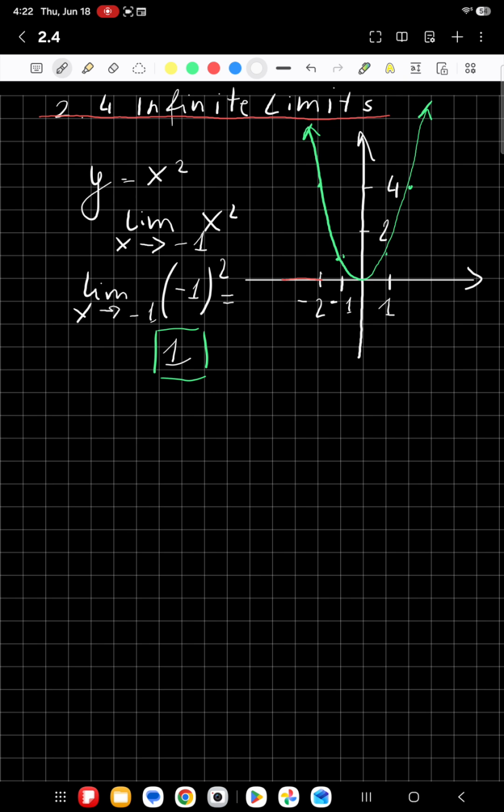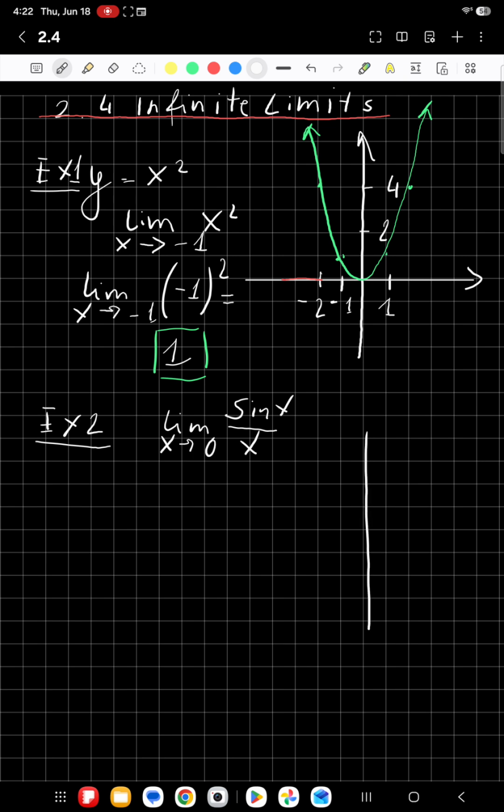So let's take a different example that I showed you last time. Let's call it example 2. Let's take the limit of sine of x over x, with x approaching 0.